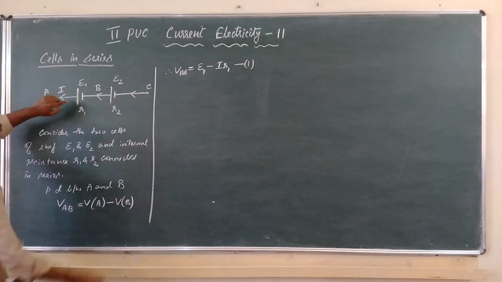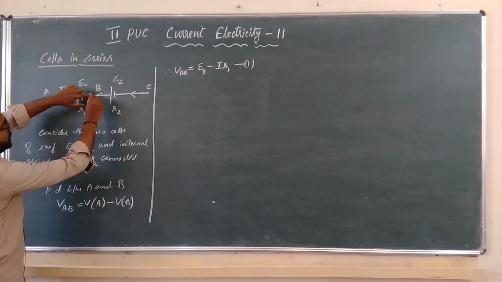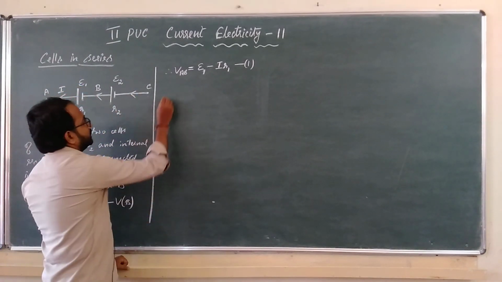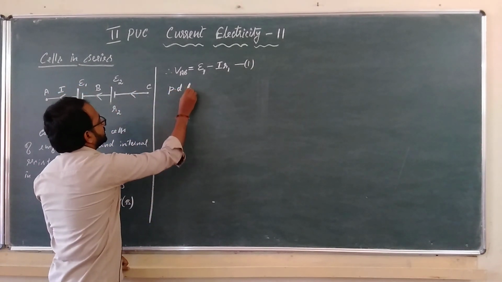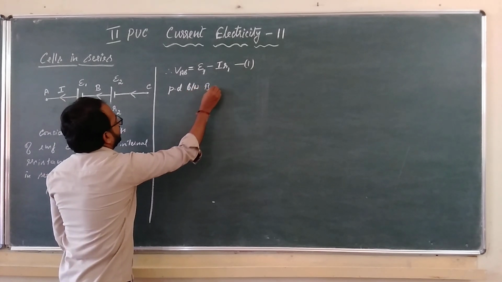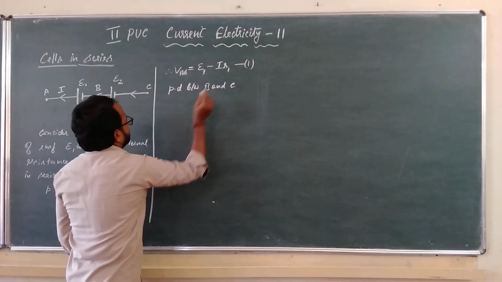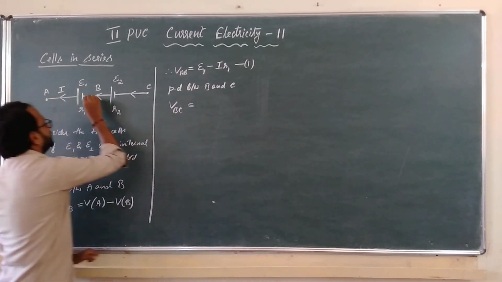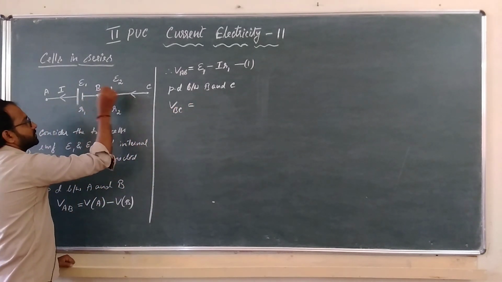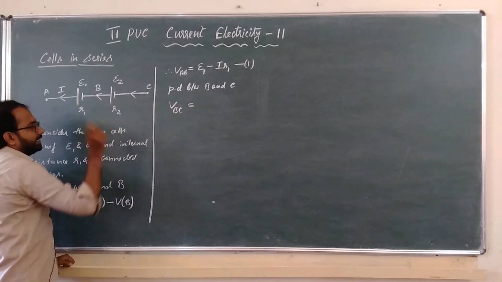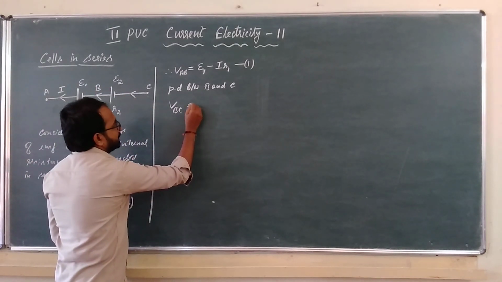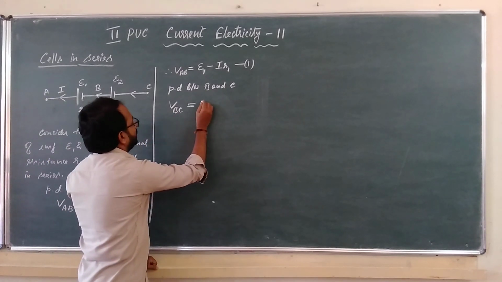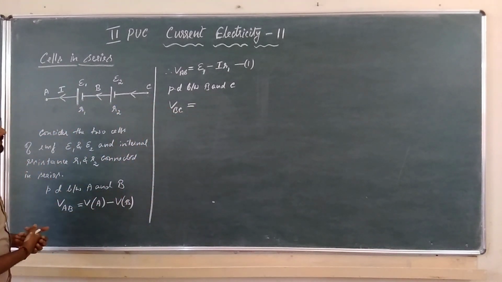The terminal potential difference across the second cell, across these two points B and C. Potential difference between B and C is VBC, that is voltage drop across these two points across the second cell when there is a current flowing through the cell, VBC, which is equal to, how to write?